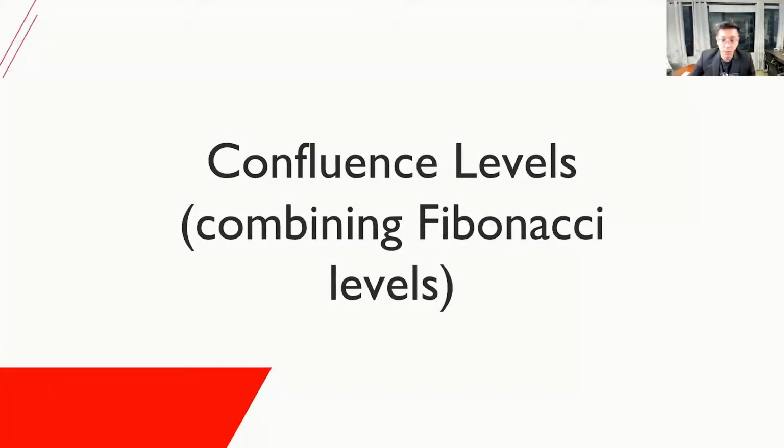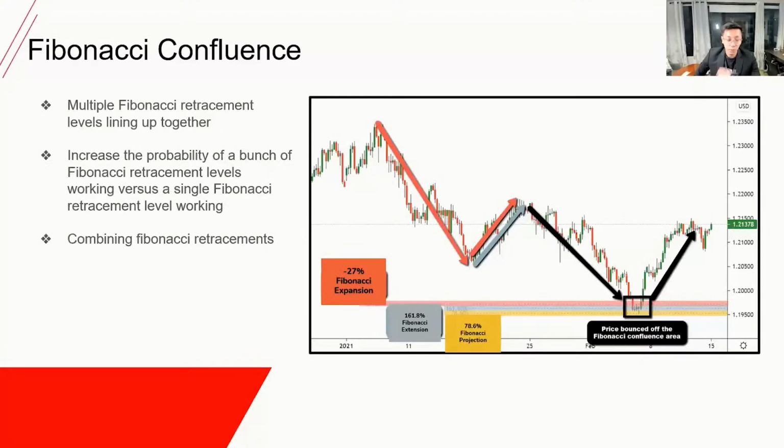All right, so confluence levels. How can we combine your FIB levels? Multiple FIB retracement levels are lining up together right here, and you can see we have the negative 27.2 FIB expansion level, so it's this movement down right here.